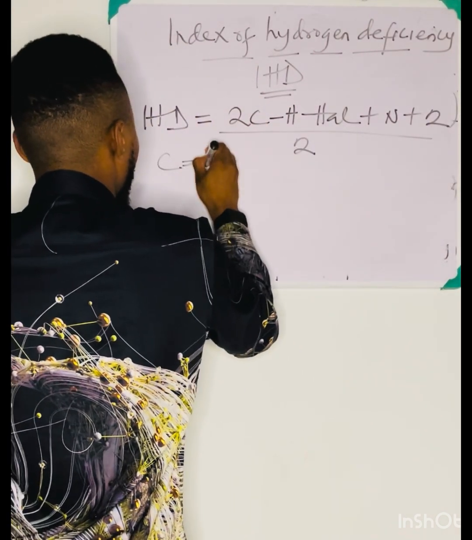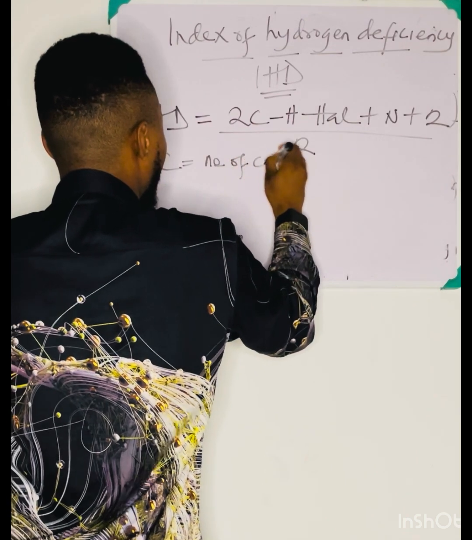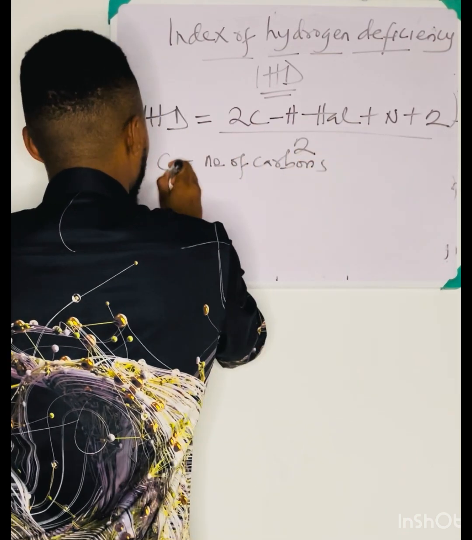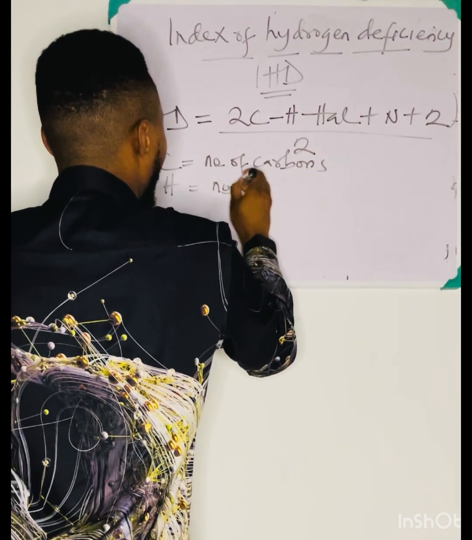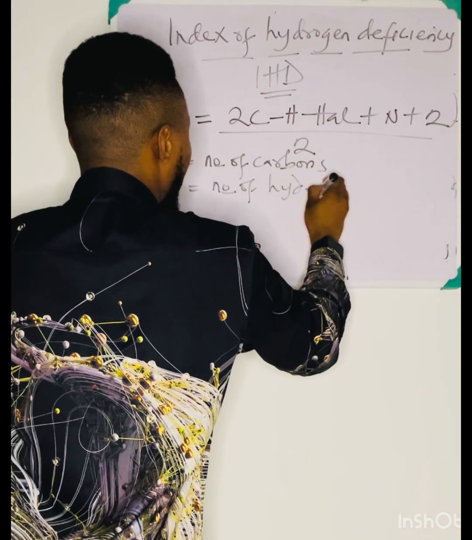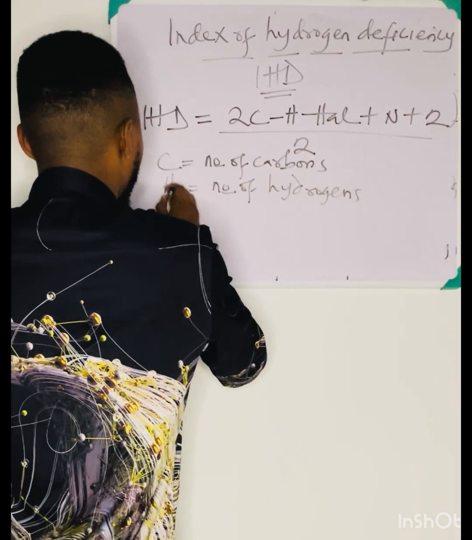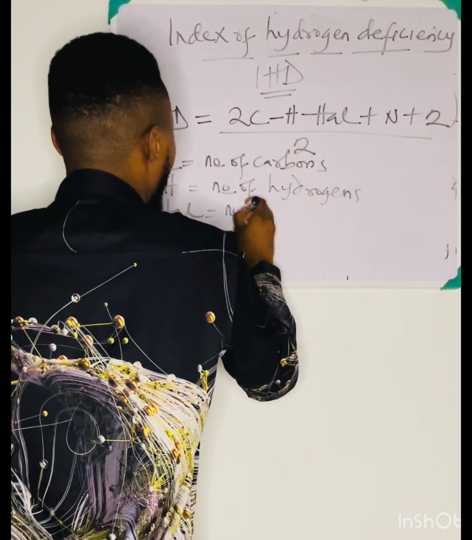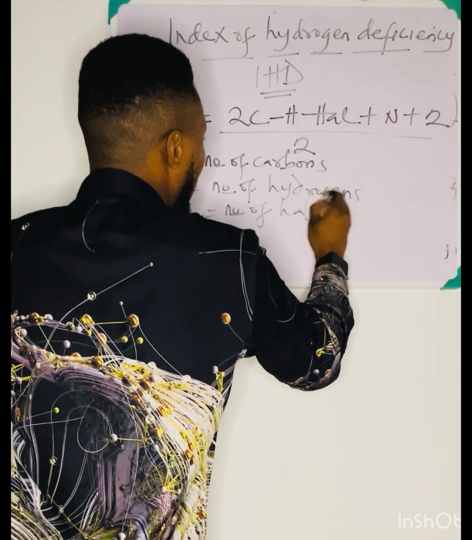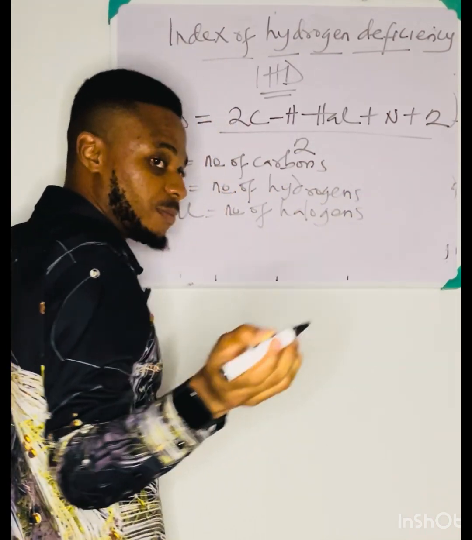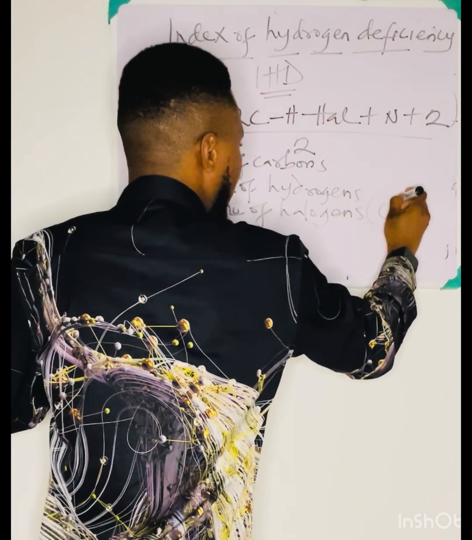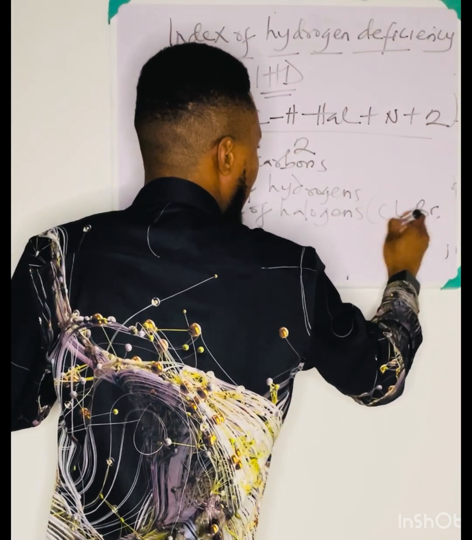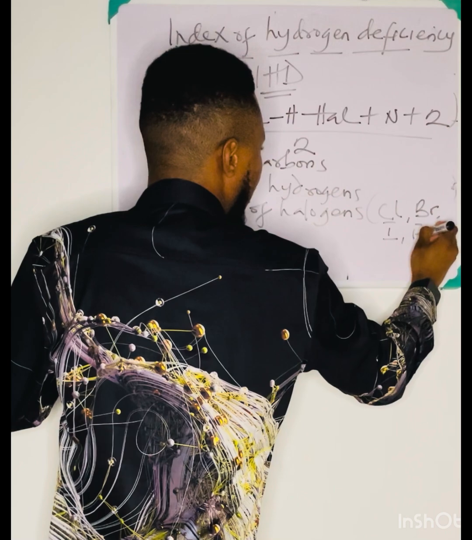Now C is number of carbons, H is number of hydrogens, HAL is number of halogens. You know, halogens are group 7 elements like chlorine, bromine, iodine, fluorine.